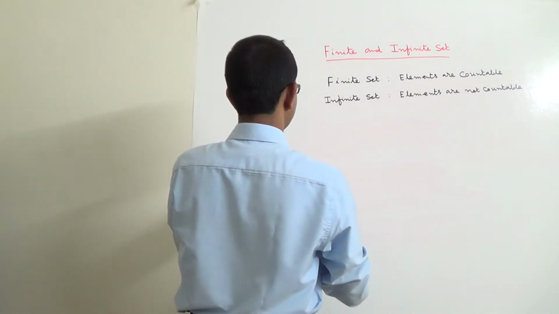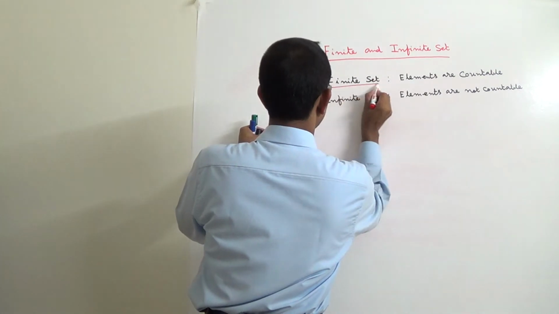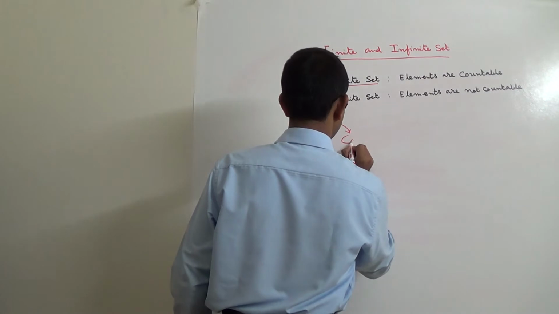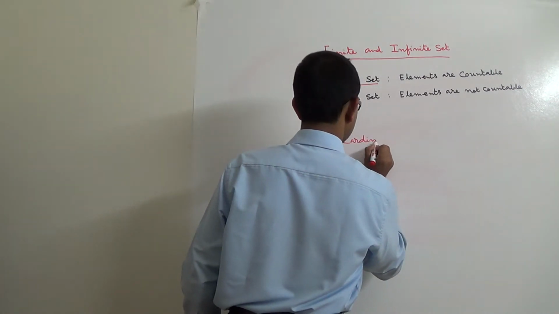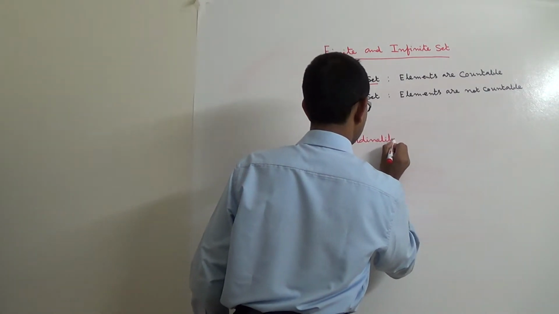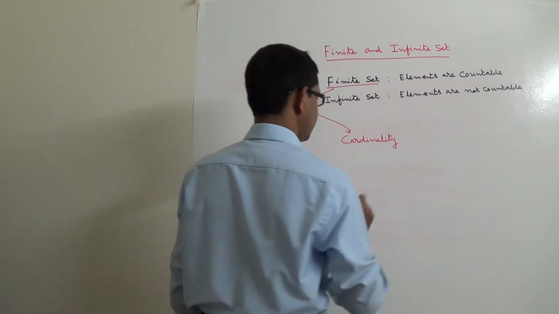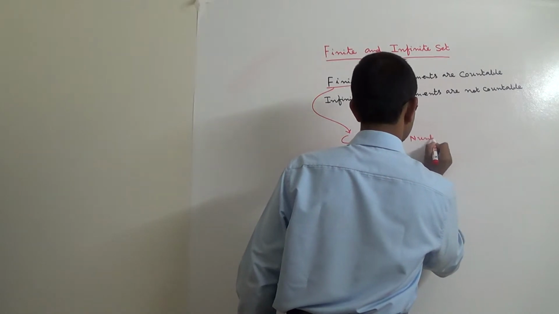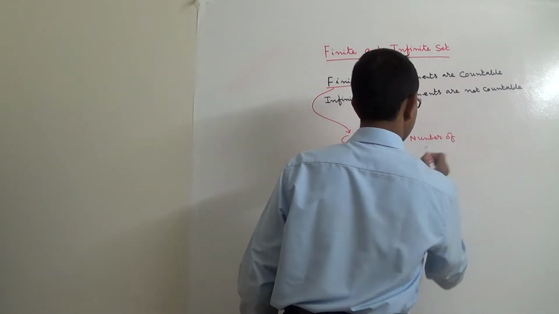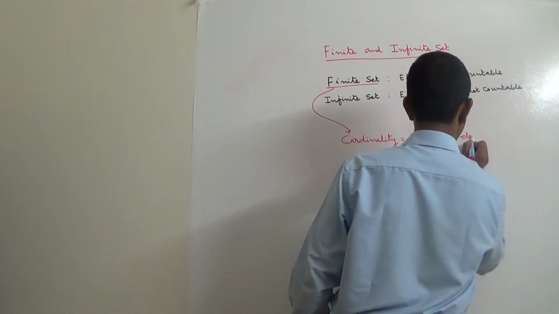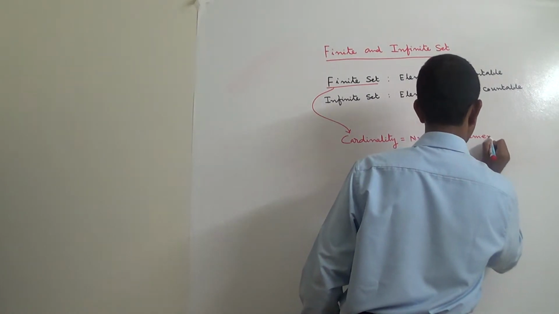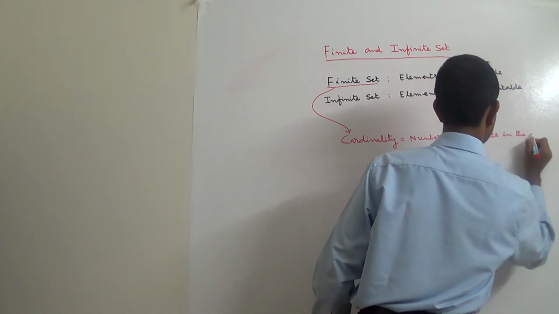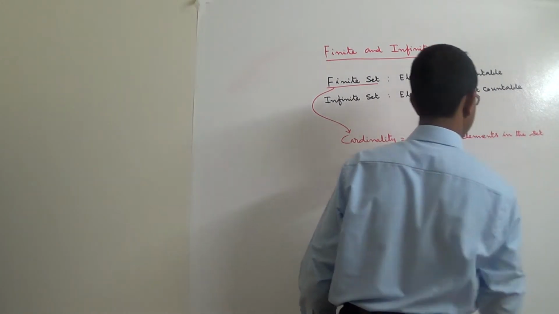In case of a finite set, cardinality is equal to the number of elements in the set.